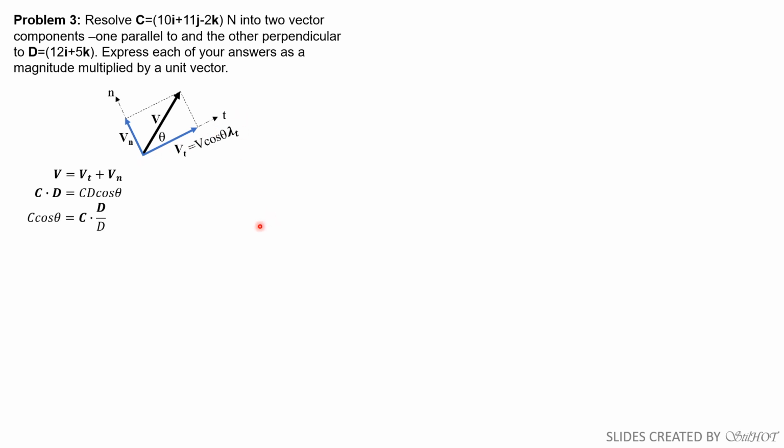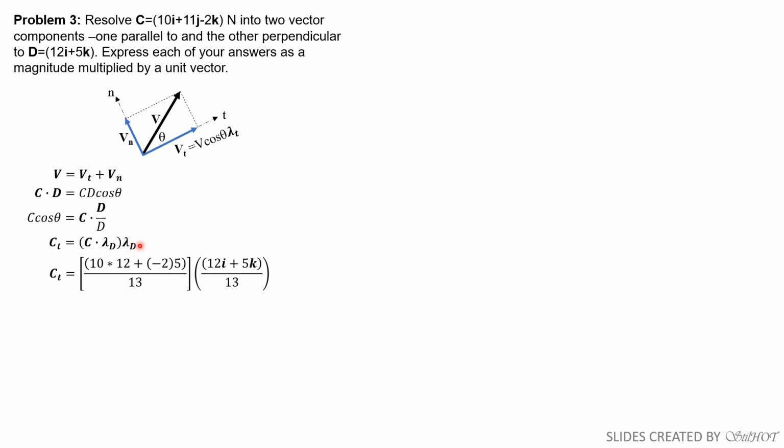So C cosine theta is equal to C dot D over D, but vector D divided by its magnitude is the unit vector of D. So C sub T, or the tangential component, is simply C dot lambda of D. But because this is a scalar magnitude, to make it a vector, we multiply it further by the unit vector of the direction D. So C dot D is equal to 10 times 12 plus negative 2 times 5, divided by the magnitude of D, which is 13, the square root of 12 squared plus 5 squared.